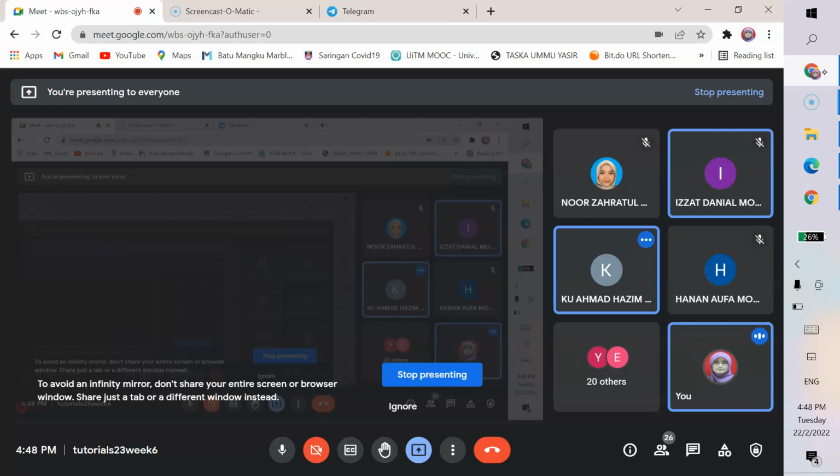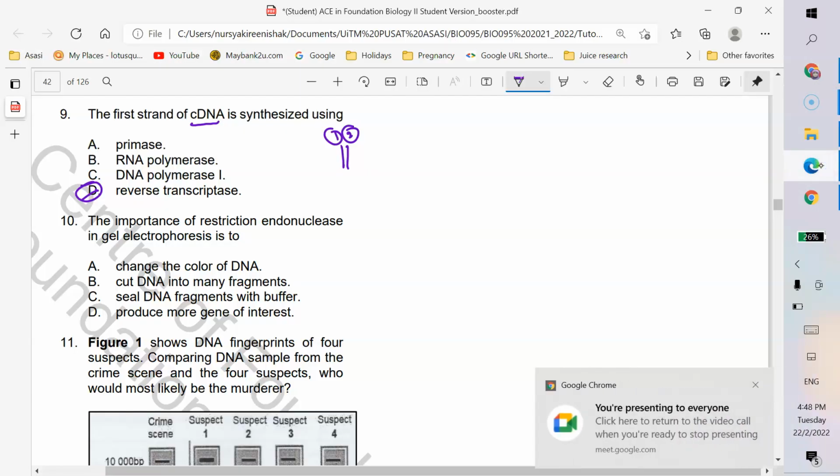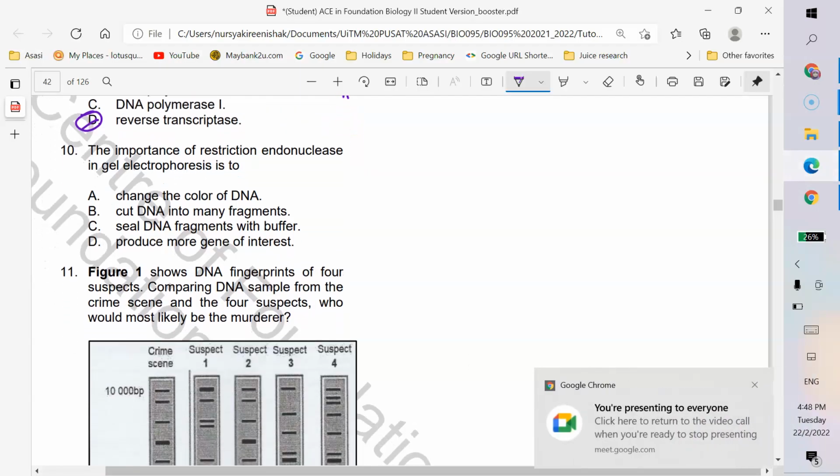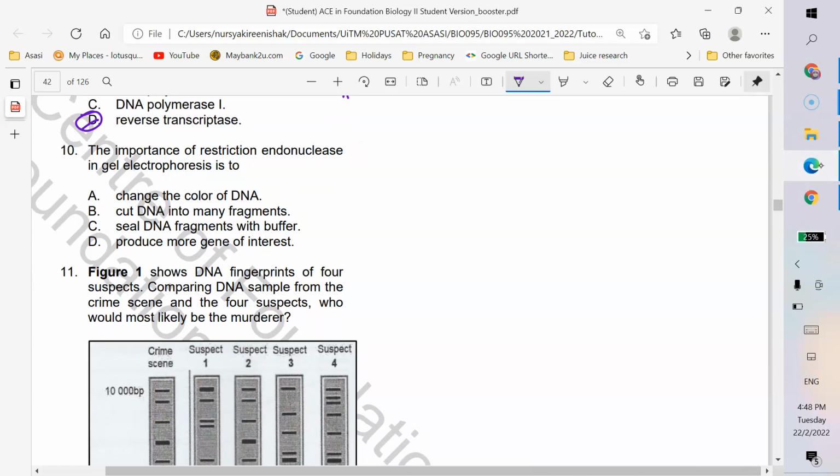Muhammad Fatih Salmi. Okay, correct. So it does not break down, it cuts. It cuts DNA into many fragments, so there will be long fragments and short ones. Through gel electrophoresis, it separates the DNA according to size.